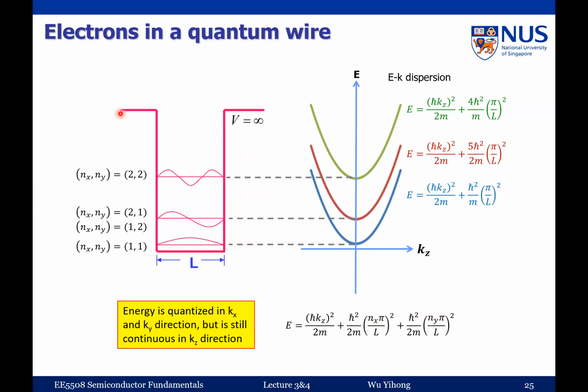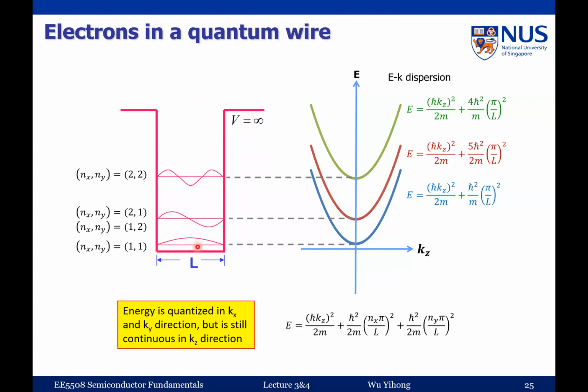Okay, so now if we try to sketch the energy levels and the wave functions in the quantum wire, you can see that it still looks very similar to that of a quantum well, but there's a difference. The difference is that now these localized energy levels are specified by two integers instead of just one, as in the case of the quantum well, right?